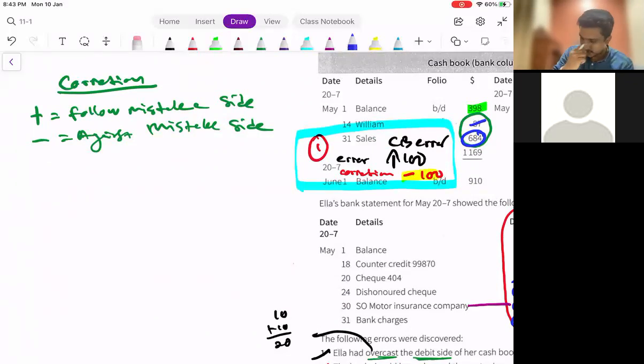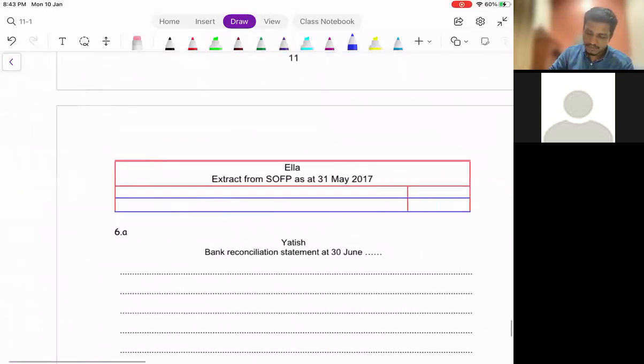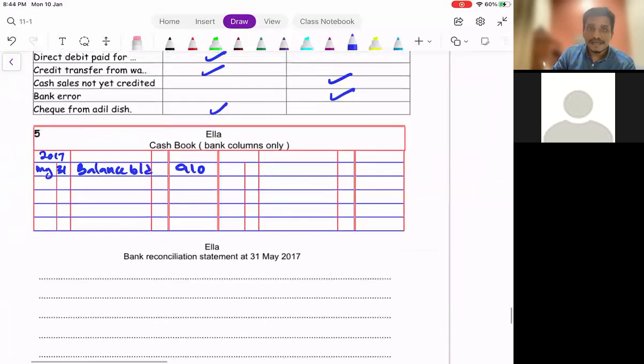How much? 100. So I go to my cash book, credit side, and write 100. The date will be the same date, everything happens on the last day, May 31st. Then we write here error correction 100.